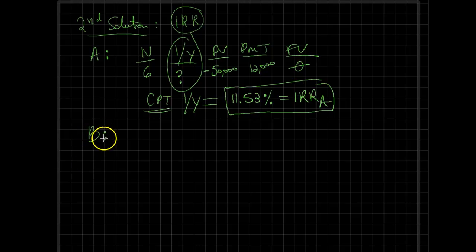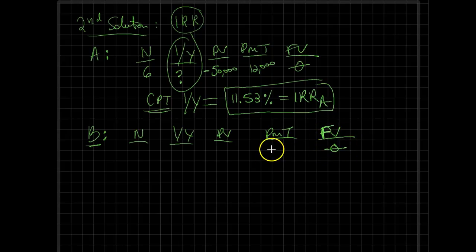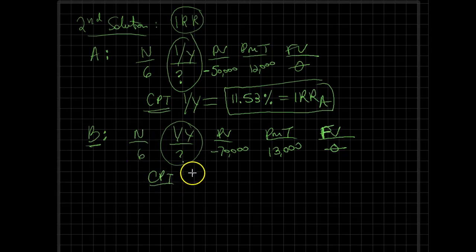For the second project, things will not be any different. So N, I over Y, PV, payment, and FV. Again, that's a 0 here. The second project is expected to have $13,000 returns. However, you need to make a significantly larger initial outlay to get this, and those are the remaining parameters given in the problem.